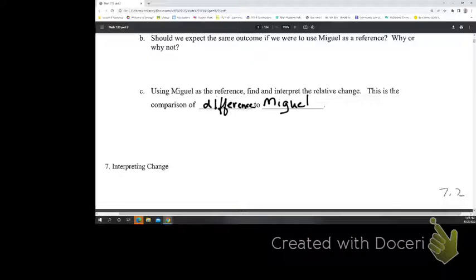So we still have 5. It's not negative now, but we would have taken care of that part. And then I came up with 7.2. So then I would say John is 7.2% taller than Miguel.